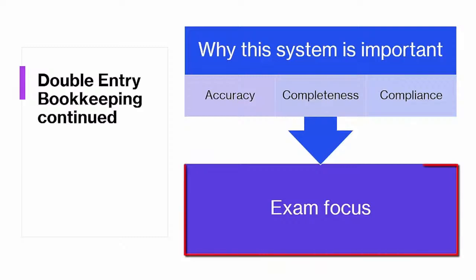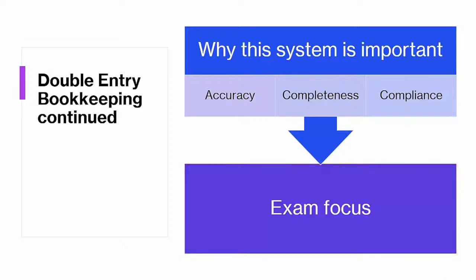Exam tip: practice and memorize. For your exams and future studies, remember to practice identifying the debit and credit effects for various transactions. This system forms the foundation of everything you'll learn in accounting. The exam focus point reminds you that being confident with these rules is crucial for success in A1 and beyond.